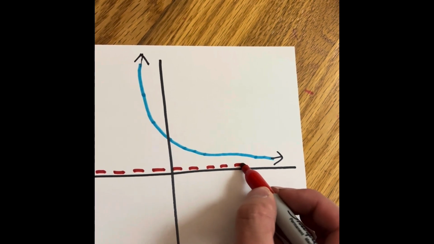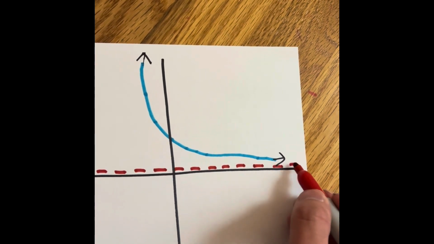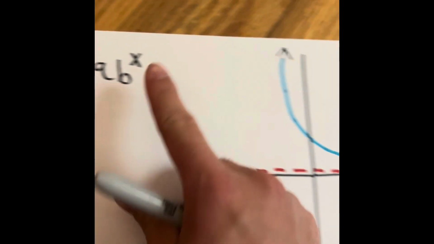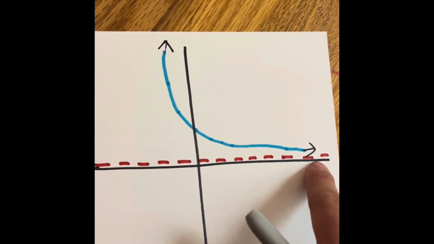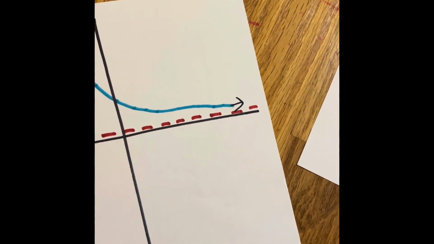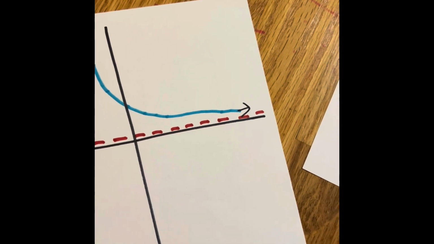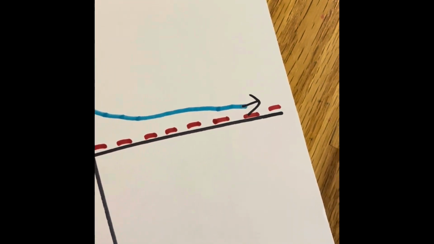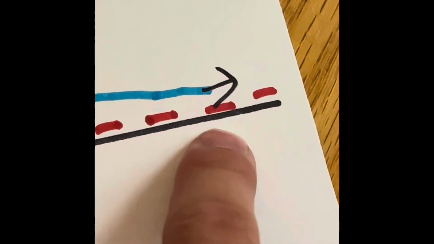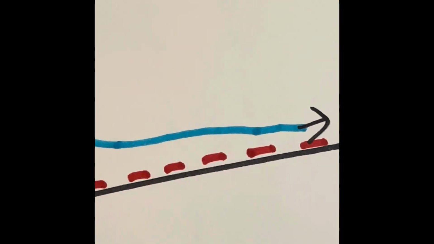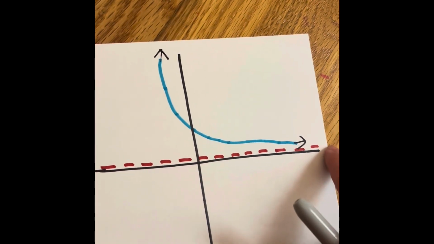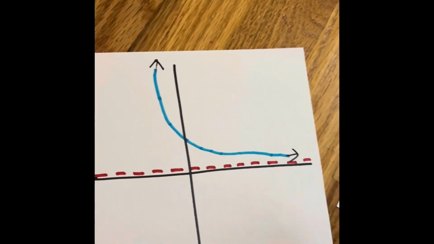The reason is that this blue line, the exponential for this equation, is never going to reach this red line. You could go to a microscope and visualize all the lines, but you'll never see the blue line touch the red line. It's impossible. But we can say that the red line is the asymptote because that's what it's trying to get to, but it can never do that.